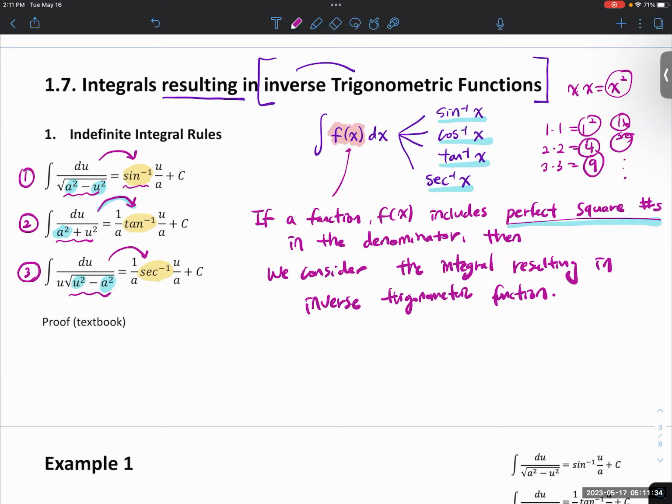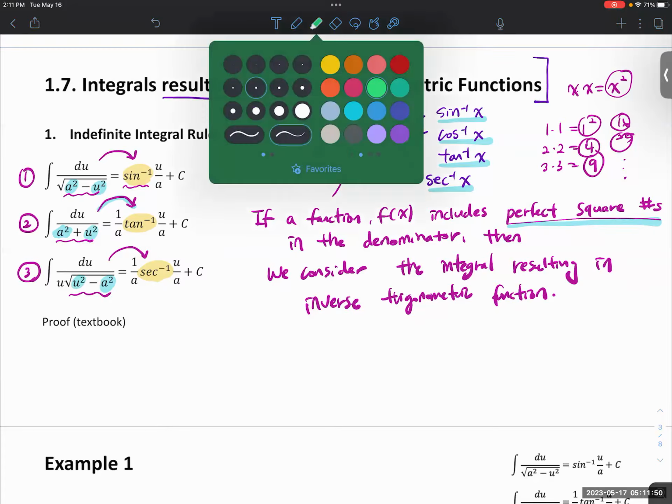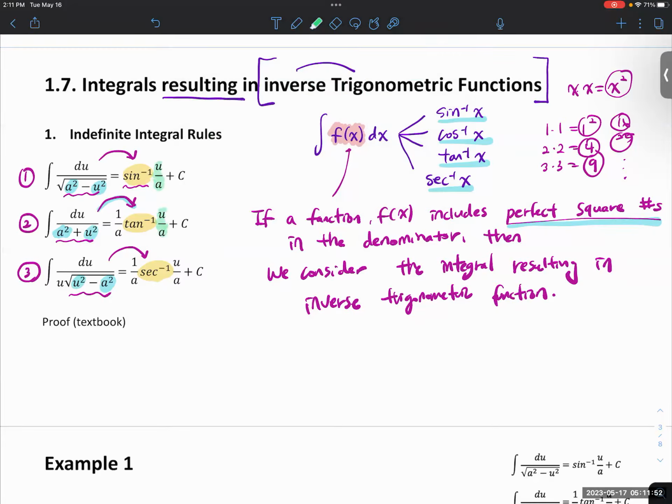If you have a squared plus u squared, the outcome always includes tangent inverse. And if you have u times the radical of u squared minus a squared, the outcome is going to be secant inverse. There's a little bit of information you're going to deal with later, so I'm going to highlight it and show you the example. Just remember, if a function includes perfect square numbers in the denominator, please consider the integral resulting in an inverse trigonometric function.